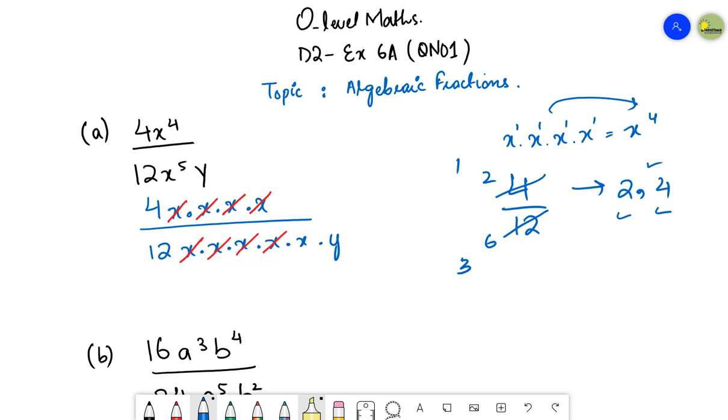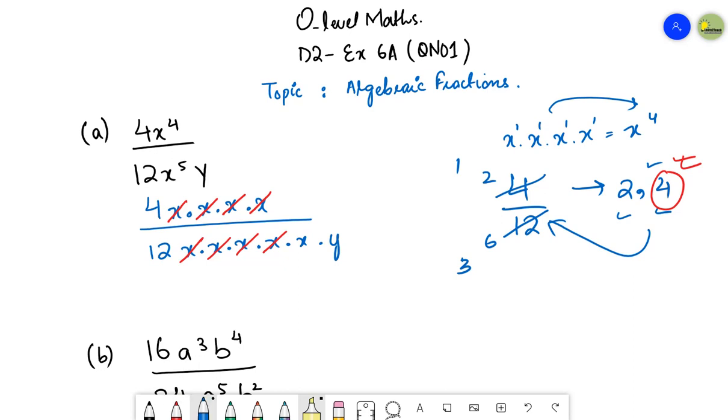So keep in mind that whenever you have more than one factor, like 2 and 4 here, there are two factors for cancelling this fraction. Whenever you have more than one factor, always choose the highest factor for cancelling the fraction. Always choose the highest one. 4 is my highest factor. Look at here. 4 was the highest factor that can cancel 4 upon 12. So I am going to choose this highest factor for cancellation.